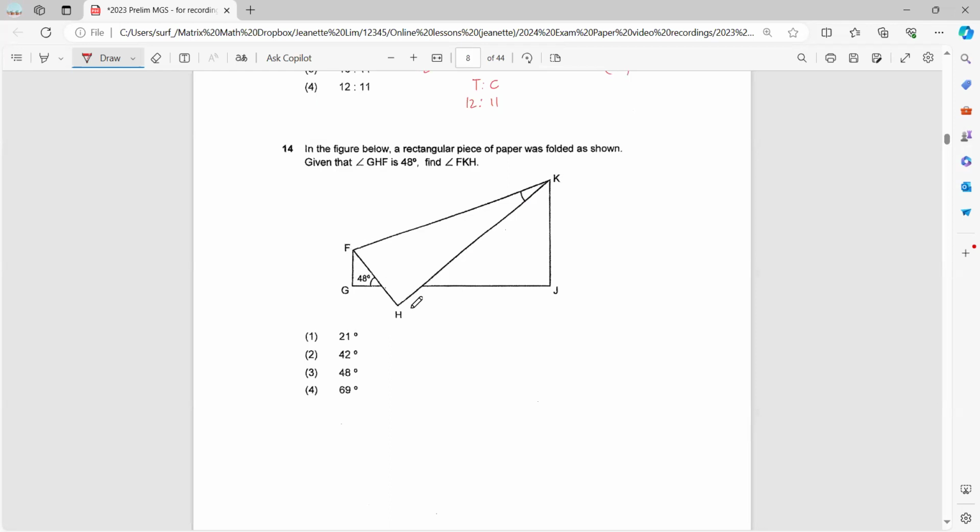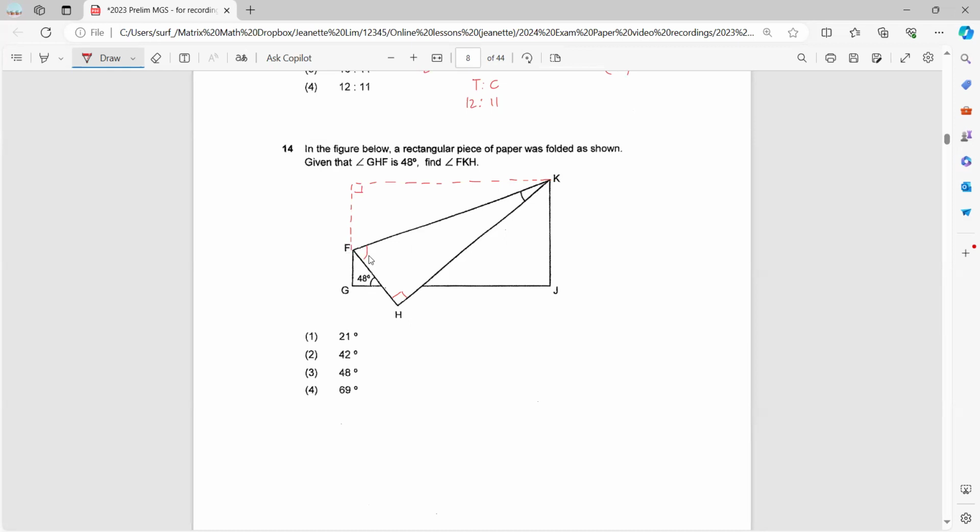GFH. So this one is 90 because it came from this. So this is what it looks like before it's folded. So if I want to find FKH, I use this triangle, and I just need to find this angle here.